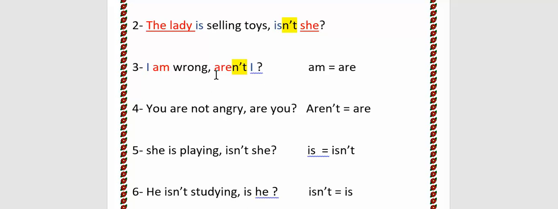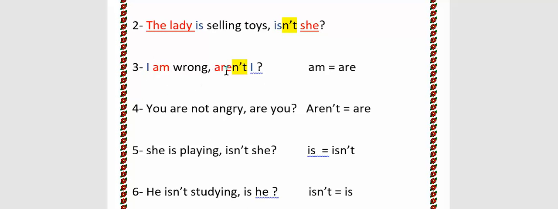Now, I am wrong, comma, aren't I? Here is different. When you have am plus an adjective, you will turn am to are. Okay? So am is changed to are.